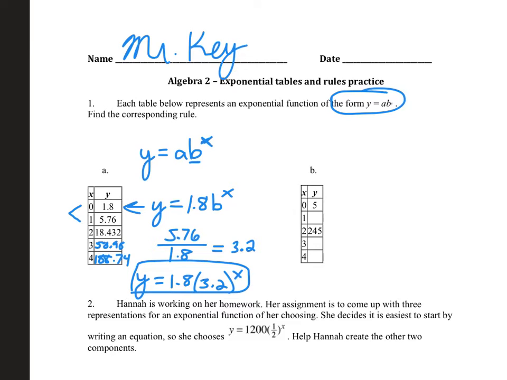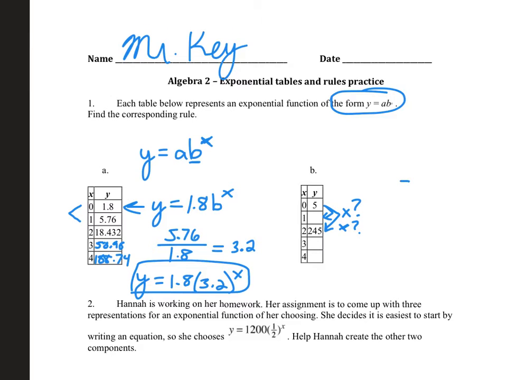Okay, moving on to B. Like I said, we have a gap here, but we know there's a multiplier, so we know 5 times something has to get us here, and then times the same thing has to get us to 245. So basically we have a multiplication of some number twice in a row to go from 5 to 245. Let's see if we can put what I said into a mathematical expression.